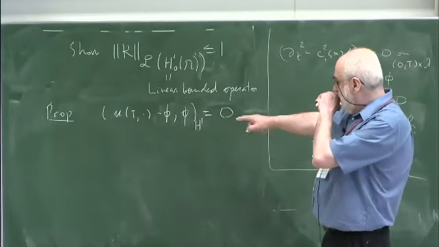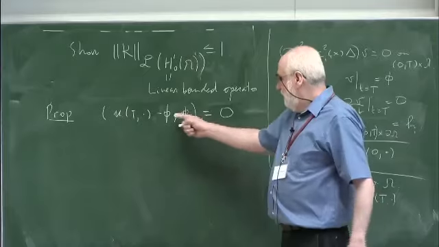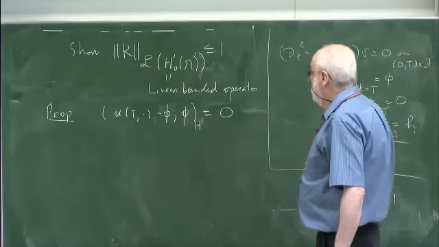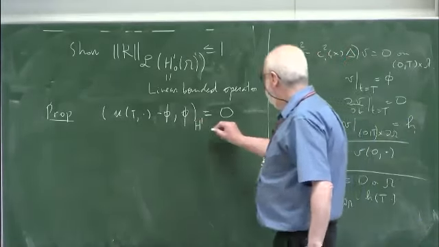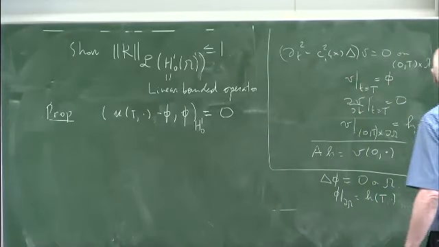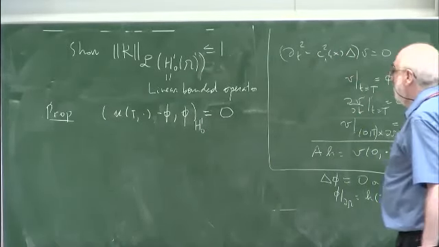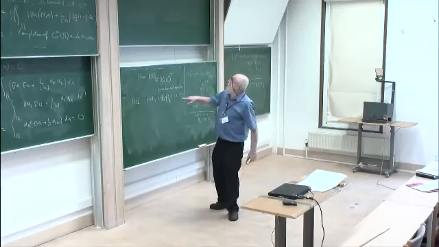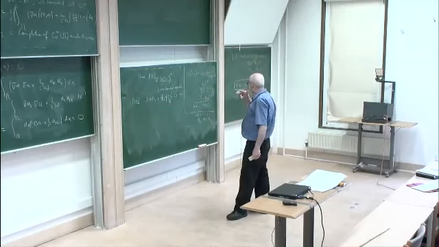So remember the space H1, the norm is the integral of the gradient square, right? Using H10. Okay, so remember this is 0 by definition. I hope I didn't erase it.